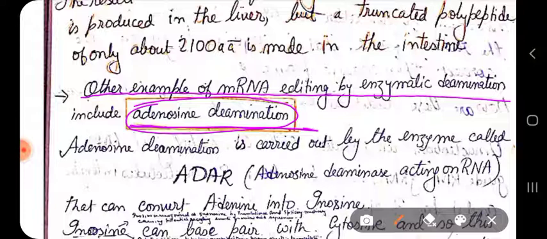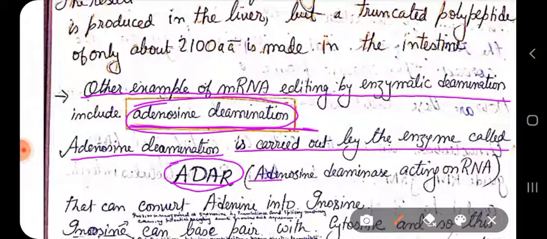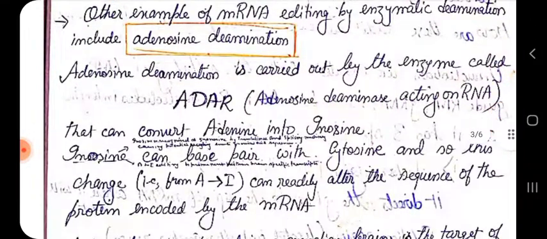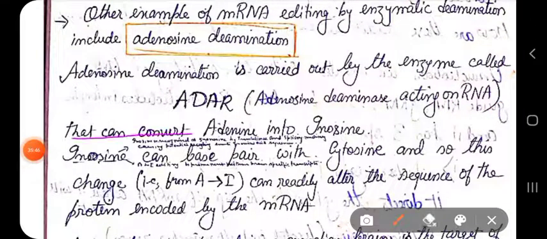It is carried out by specific enzymes called ADAR. ADAR full form is adenosine deaminase acting on RNA, which will convert the adenine into inosine. So generally, ADAR is an enzyme, adenosine deaminase acting on mRNA.